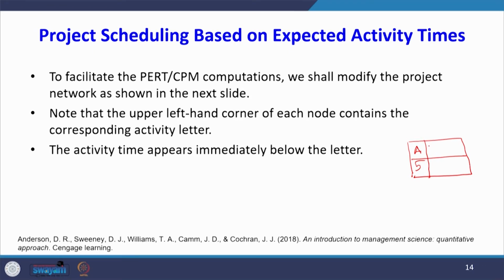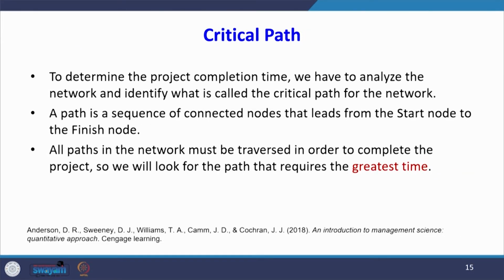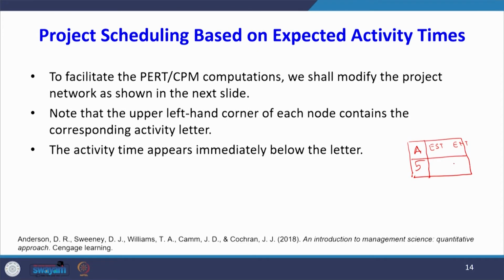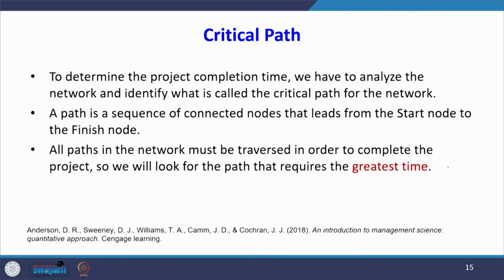Here I am going to write the earliest starting time, earliest finishing time. Here I am going to write the latest finishing time and latest start time. This is the notation which I am going to use.